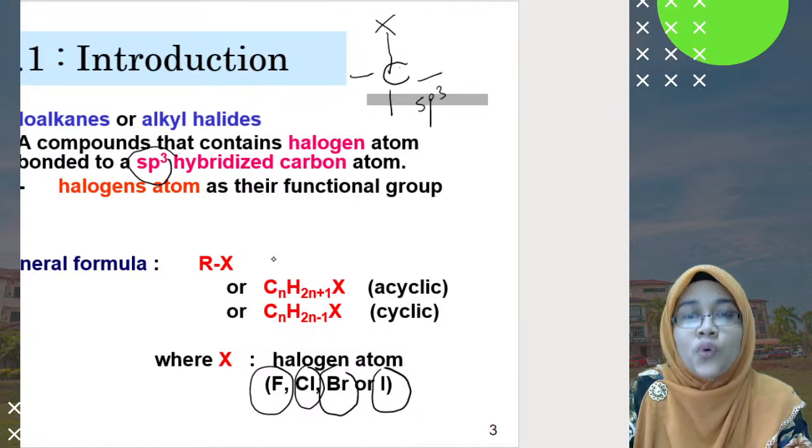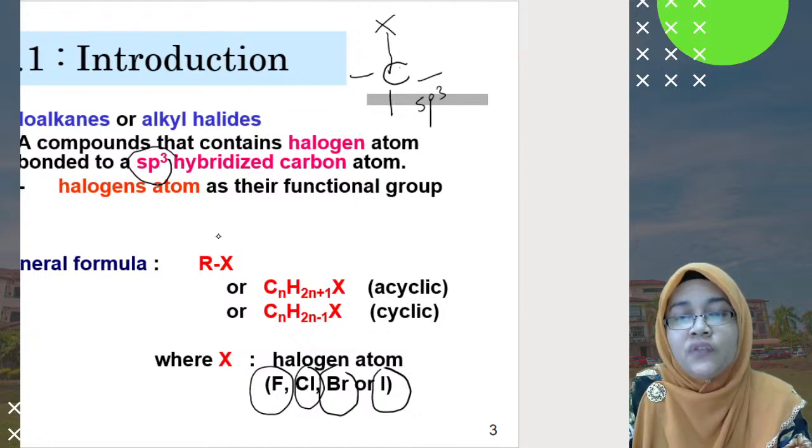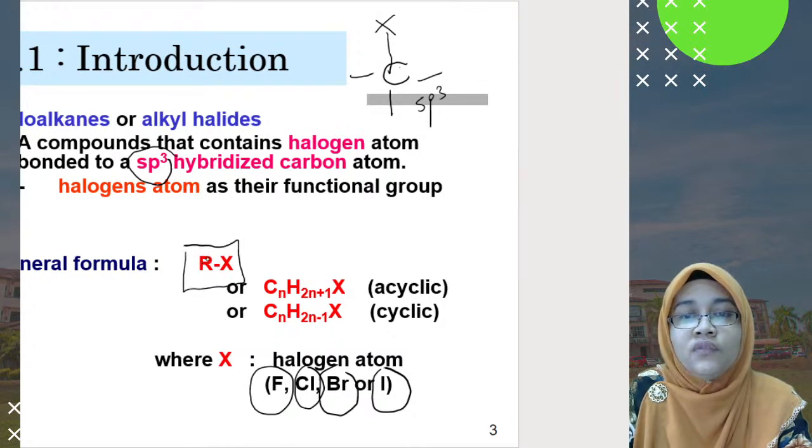Alright, so usually the general formula of haloalkane we use RX. R for any alkyl group, maybe CH3, maybe benzene, alright, any alkyl group, and X is your halogen.